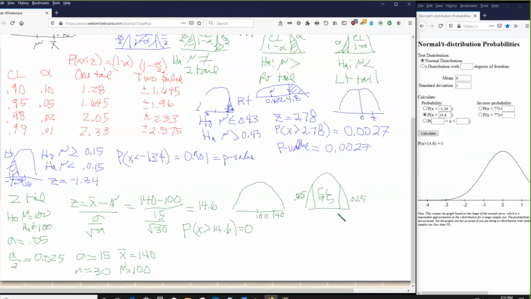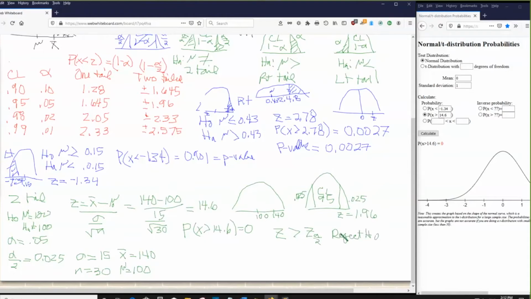And then that tells us, from when we've done z-scores before, that the z-score of a standard normal distribution is going to be 1.96. So there's two rules for rejecting. If our calculated z is greater than our z sub alpha over 2, we're going to reject the null hypothesis.